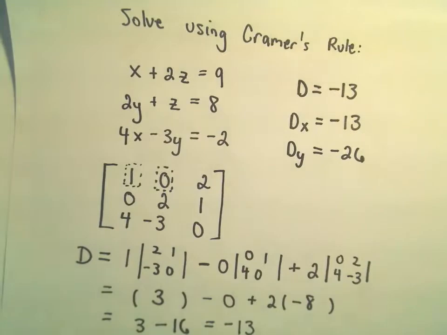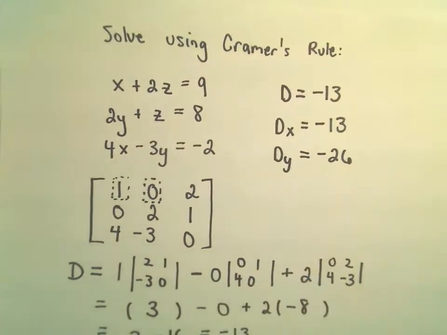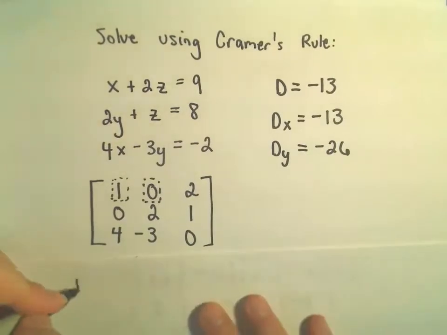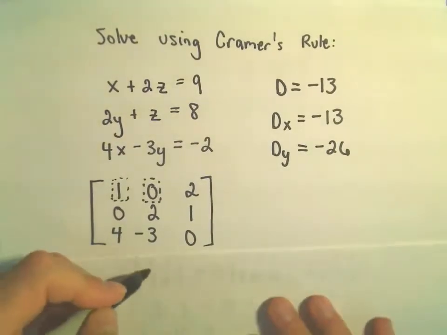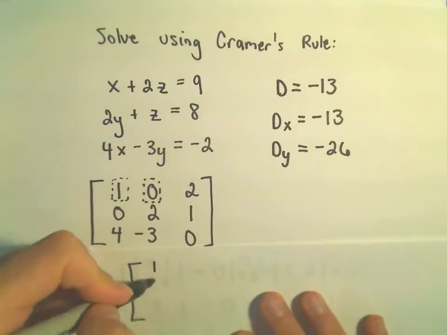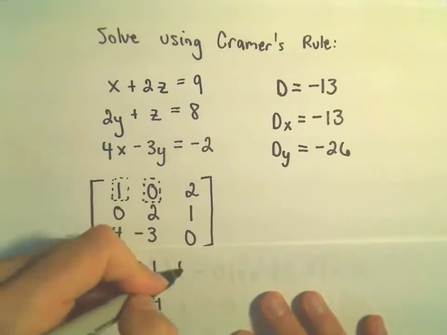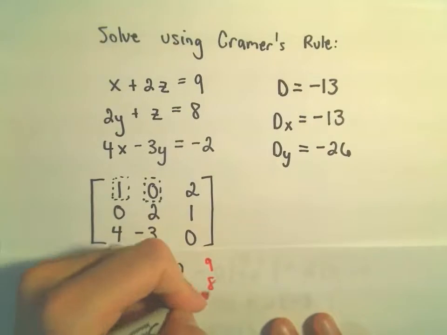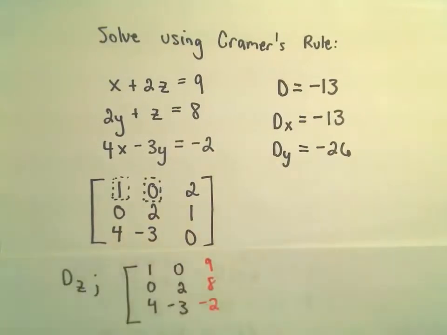So one last one here, we've got to calculate our d sub z value. To get our d sub z, we're going to look at the matrix. We'll leave the x column alone, we'll leave the y column alone, and in our z column, we'll use these new values of 9, 8, and negative 2.